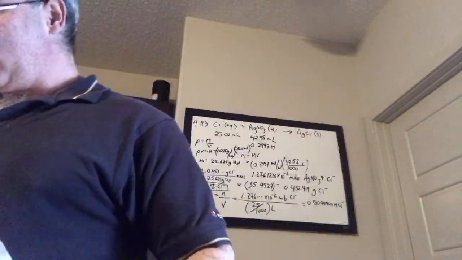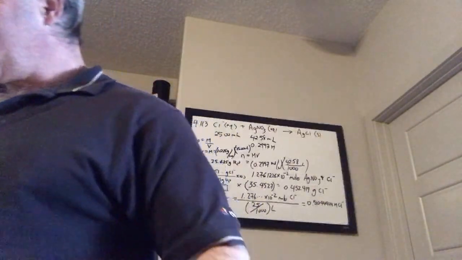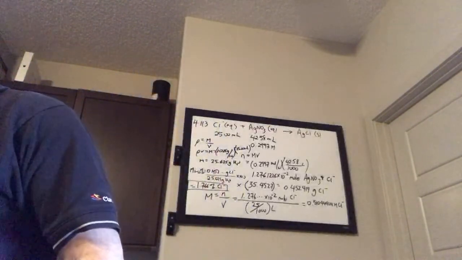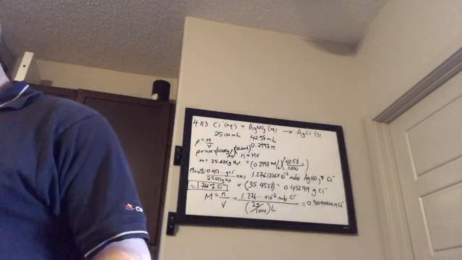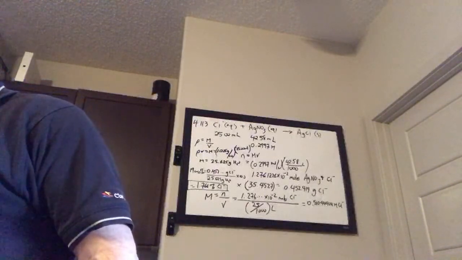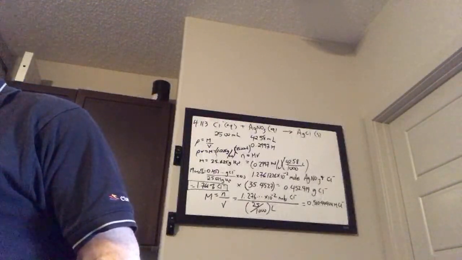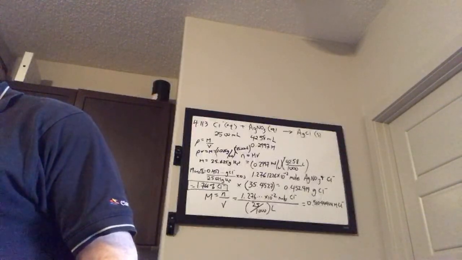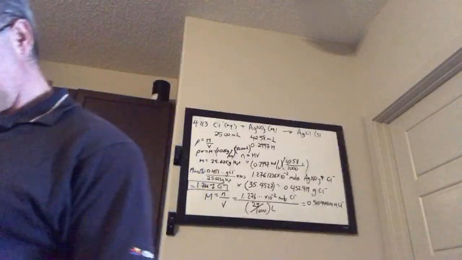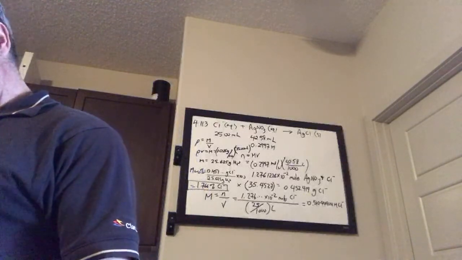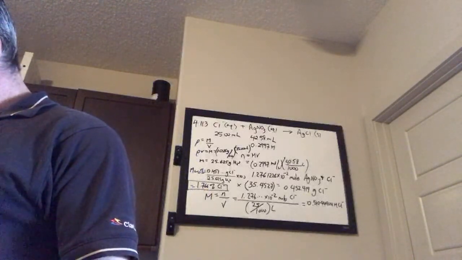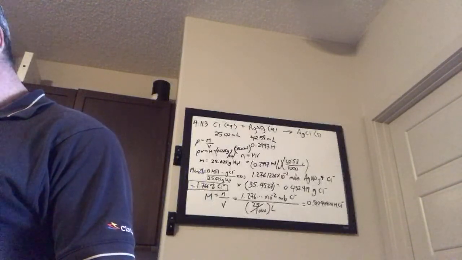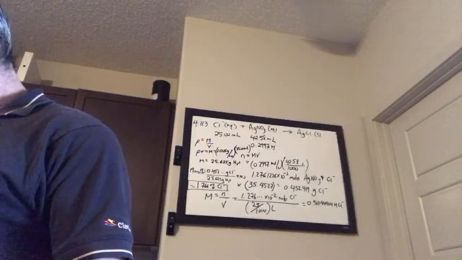A typical problem that you would get along those lines is number 27 in the text. So I'll go to that example for you. It says, you know that an unlabeled bottle contains a solution of one of the following: silver nitrate, calcium chloride, or aluminum sulfate.